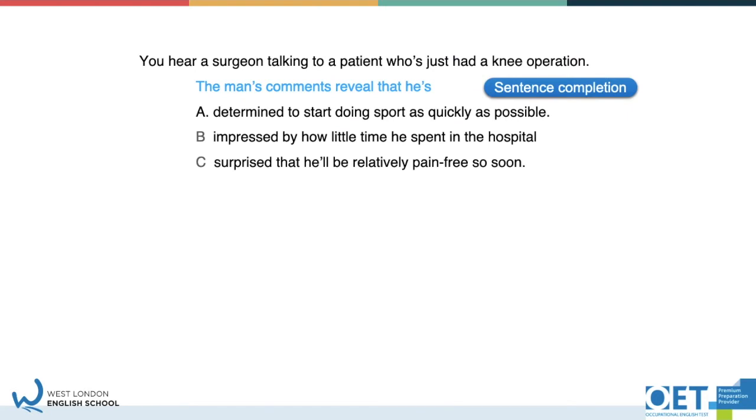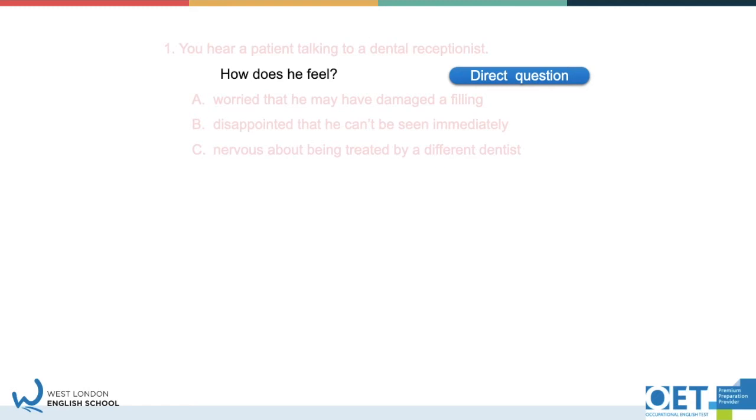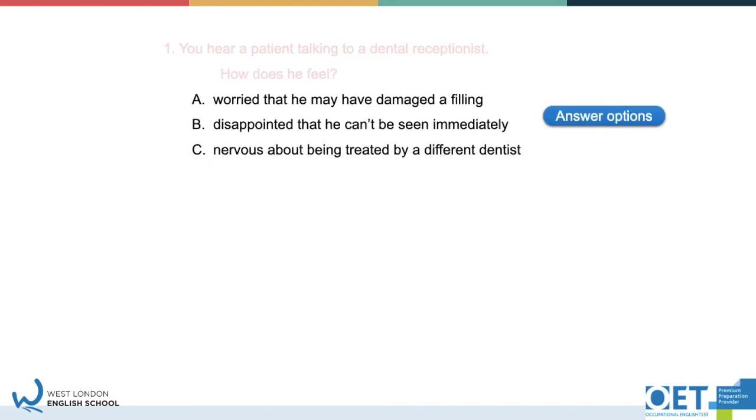This is a different question, but here we've got a sentence completion. So this is just another type of question that you might get in Part B. But we're looking at this, which is a direct question. And if we have a look at the answer options, we really need to make sure that we read this carefully.